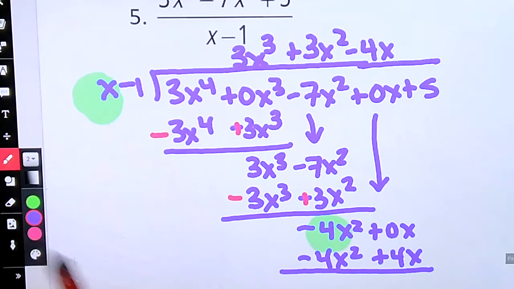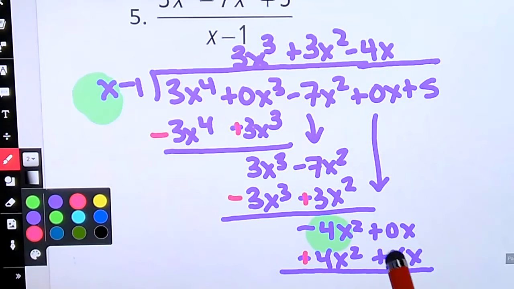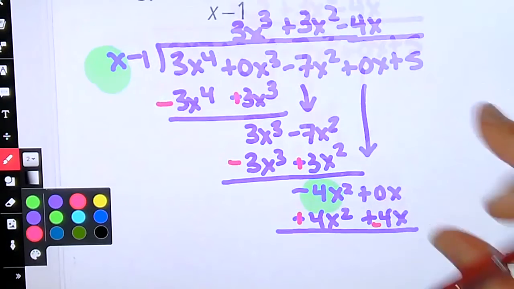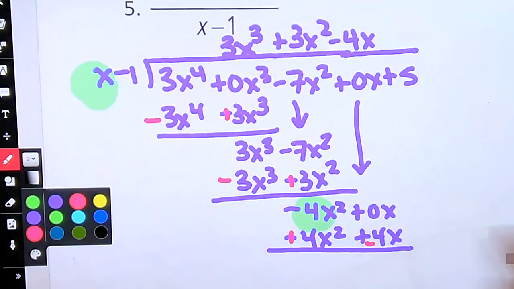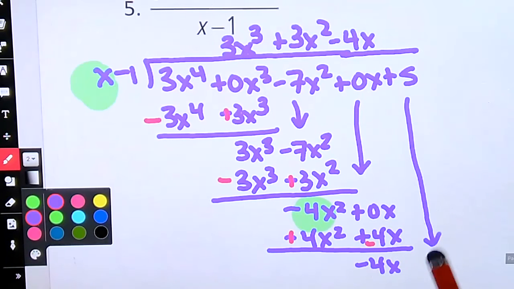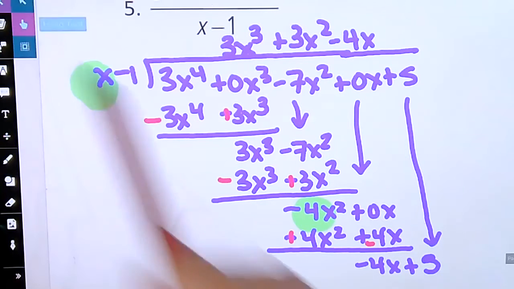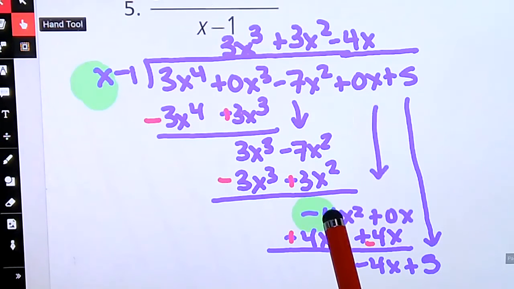I'm going to subtract, so that's going to be a plus. This is going to be a minus. And so when I do that math, I am going to get a negative 4x, bring down my 5. Okay, positive 5.